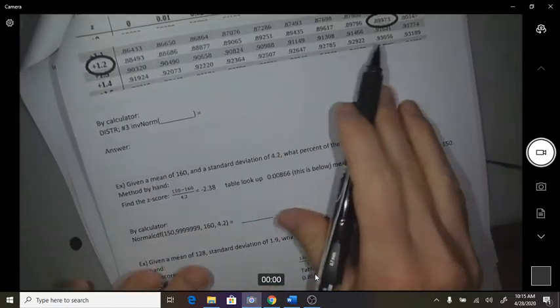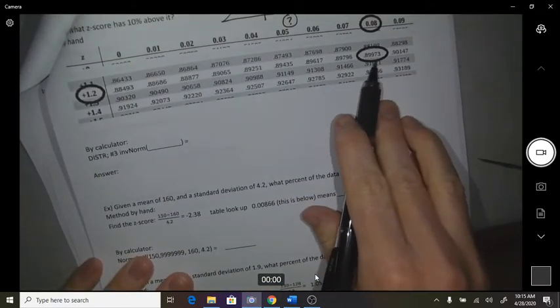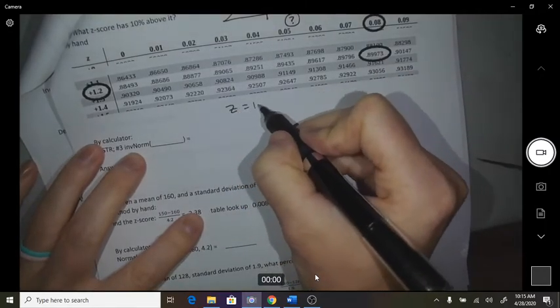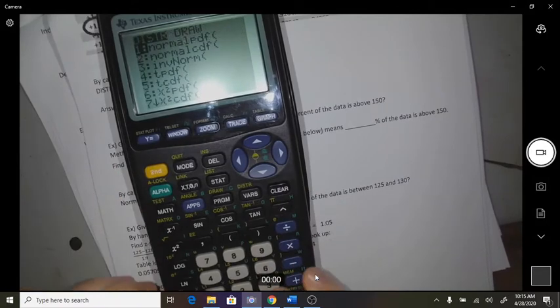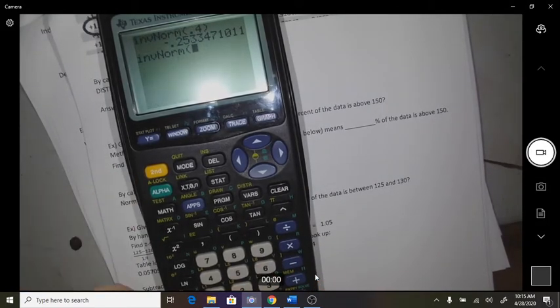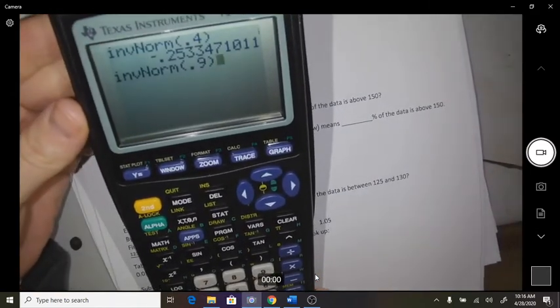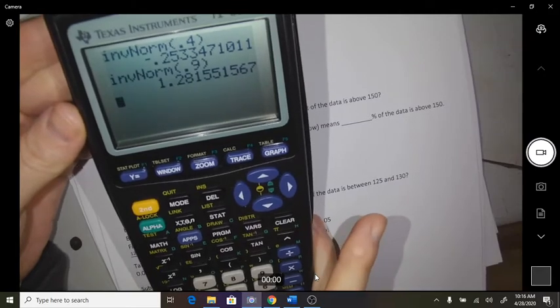So 1.28, that one's the closest. Okay, so again, we would go to distribution, inverse norm, but I have to type the percent below. So 90% below, obviously as a decimal, 1.28 is the z-score.